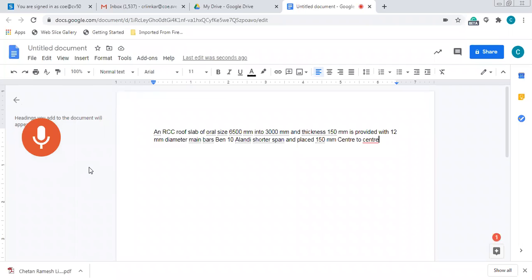The distribution steel of 6 mm diameter along the longer span is provided at 200 mm center to center.